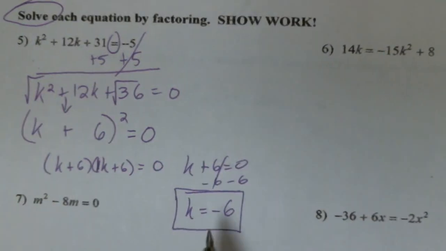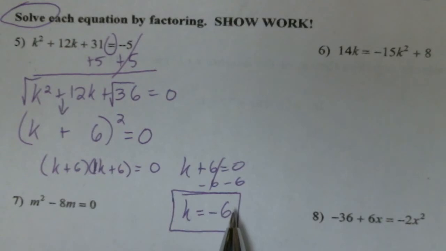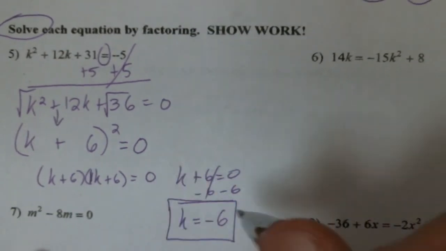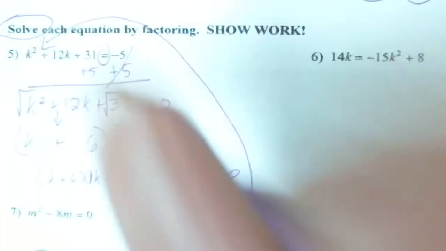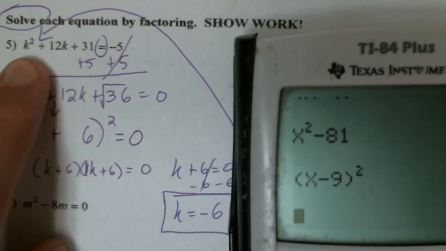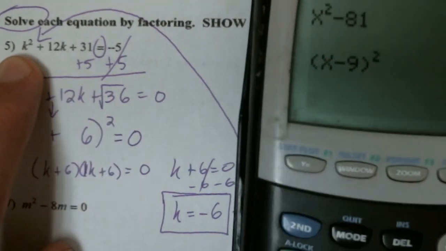All right, now this one's a little bit different when you want to check your answer because I can't just type this in and make sure it matches. So when there's an equal sign, you actually have to physically take this number and plug it back in for k. So watch how this works. Okay, so everywhere I see a k, I'm going to stick in a -6. Now this is a negative, so I got to put that in parentheses if I'm going to square it.